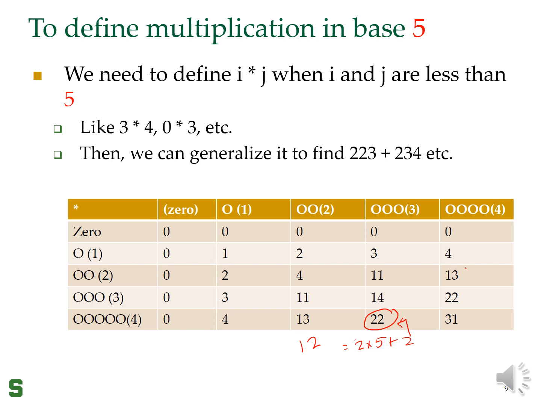If I look at something like this, it's going to be 2 times 4, that's 8, and that is going to be 1 times 5 plus 3, and that's why it's represented as 1, 3.